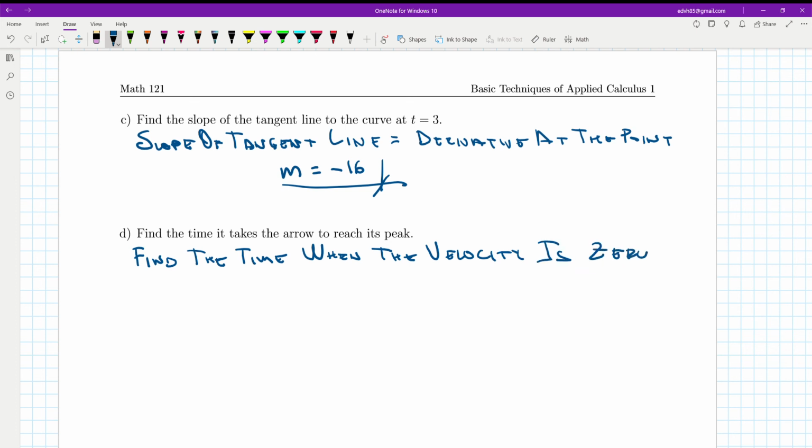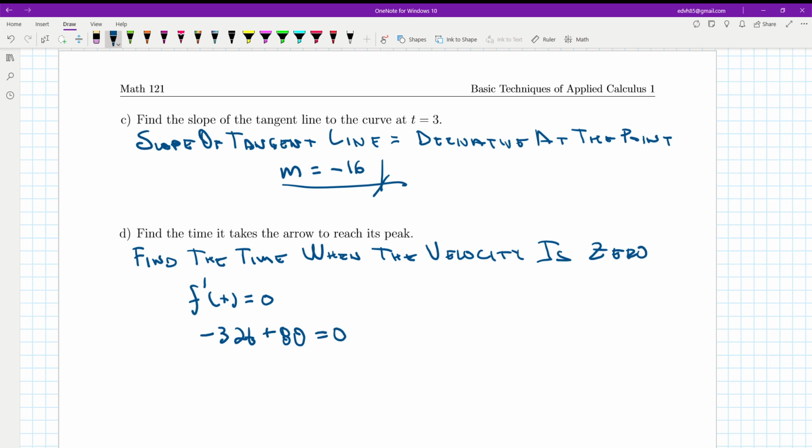When it is equal to 0, we're going to get that maximum height. That is, set the derivative, f prime of t, equal to 0. And what did we get for the derivative? Negative 32t plus 80.